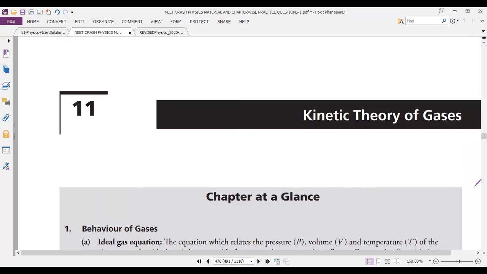Okay, so almost we have completed all the topics now. There is nothing pending. So, the kinetic theory of gas.